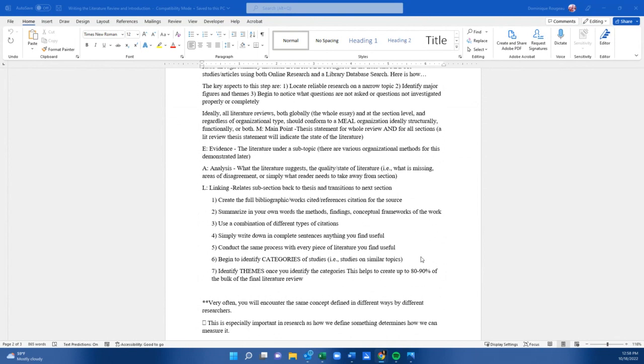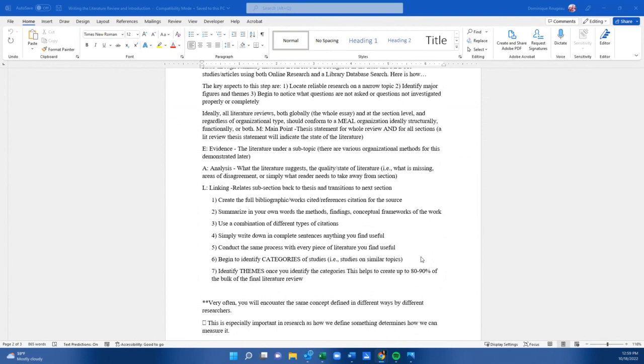I've also seen people do it topic by topic. Within their literature review, they just have three subtopics that they talk about. For example, in the example I gave earlier with memory based on personality traits, they might have a section for research on memory, research on personality traits, and then research on the intersection of memory and personality traits.